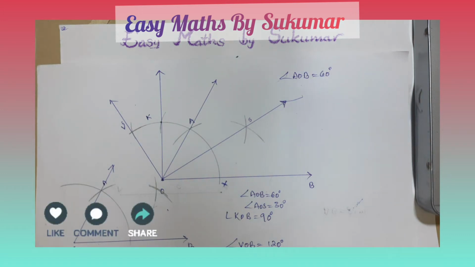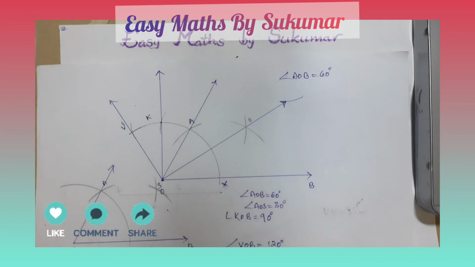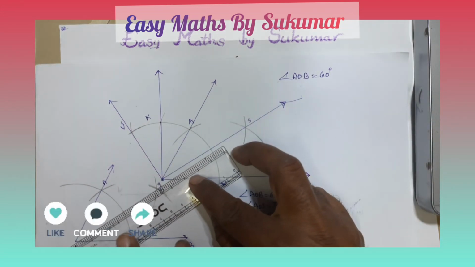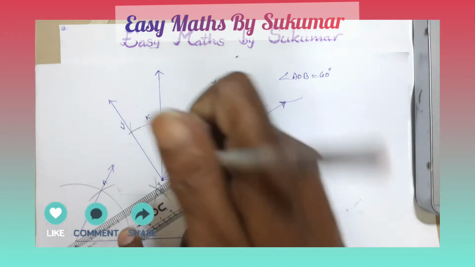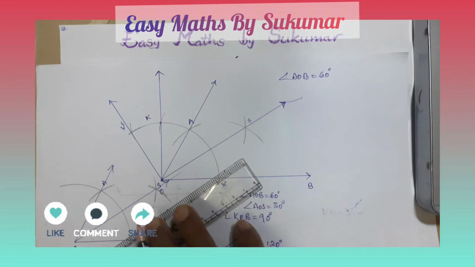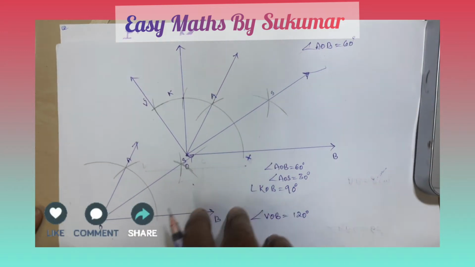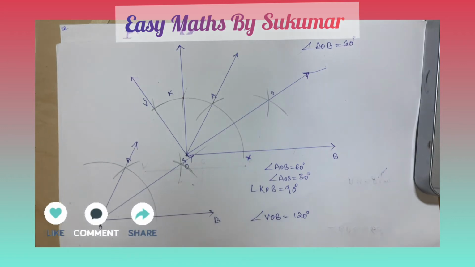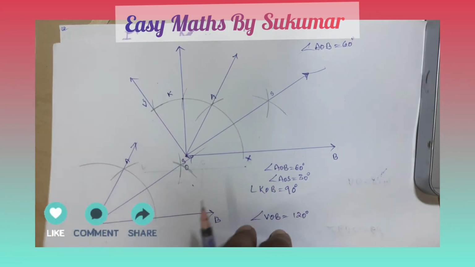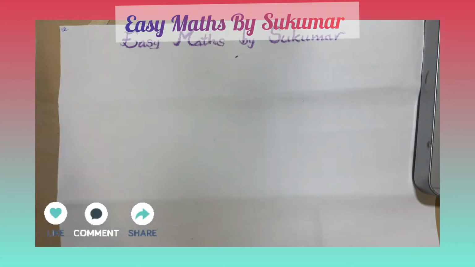Now if you join this, let it be some S, if you join this OS, my dear students, you will get an angular bisector. That means this angular bisector divides this angle into two congruent angles. This angle is 30 and this angle is also 30 degrees.